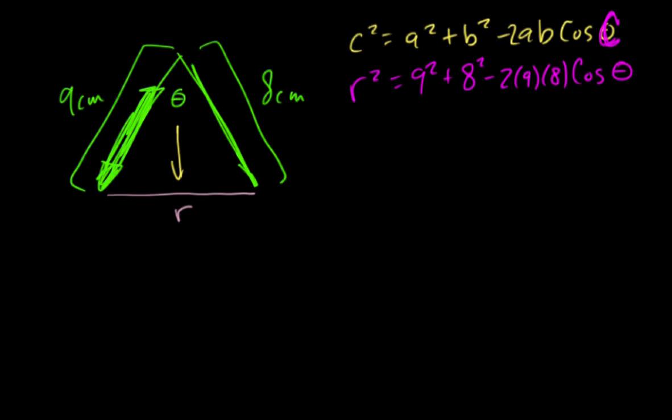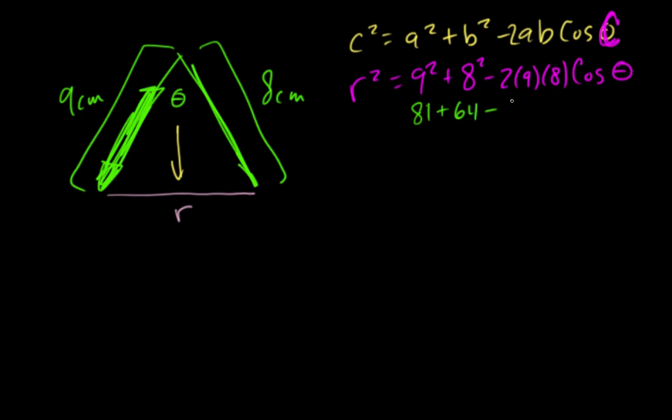Okay, now we need to solve for r, but we can simplify a little bit. So 81 plus 64 minus, let's see, 72 times 2. Okay, so I'm going to use a calculator.